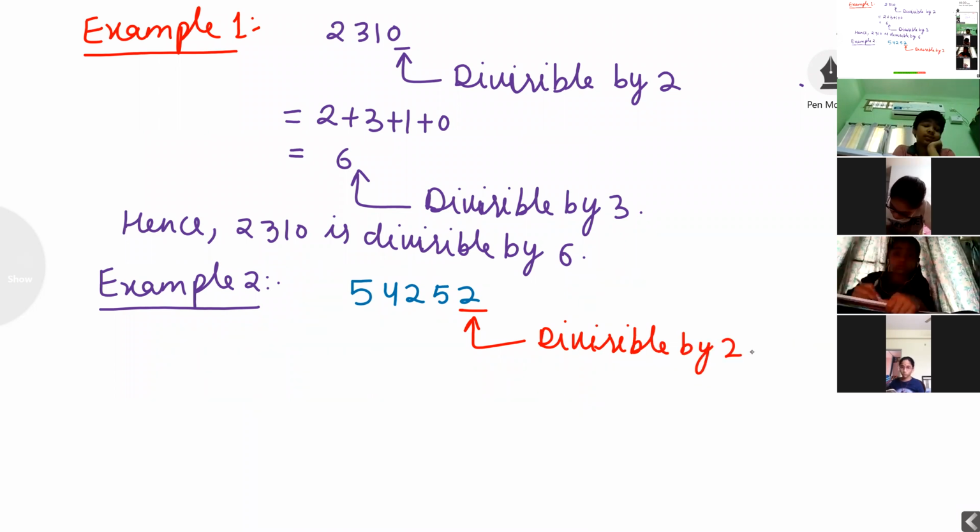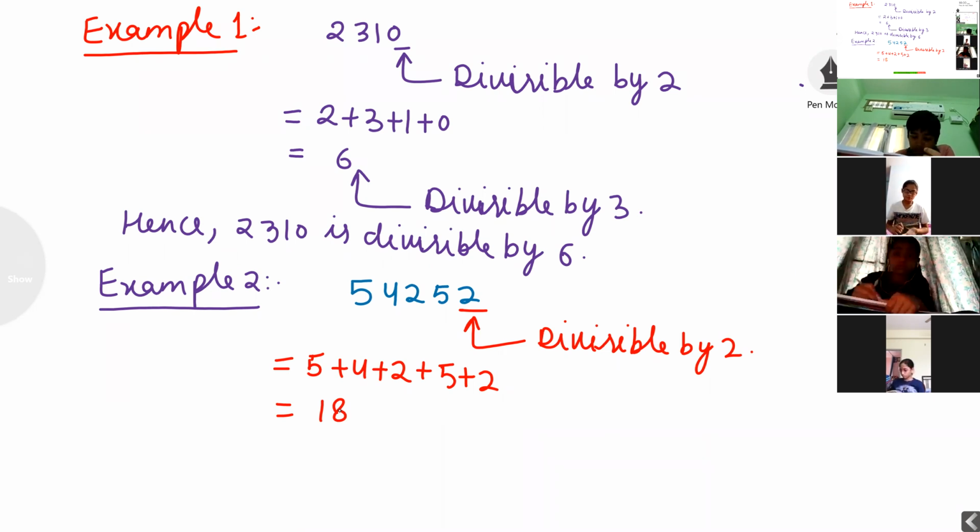Now I want to check whether this number is divisible by 3 or not. How to check? Sum of all digits: 5 plus 4 plus 2 plus 5 plus 2. 5 plus 4 is 9, 9 plus 2 is 11, 11 plus 5 is 16, 16 plus 2 is 18. 18 comes in the 3 table. 3 sixes are 18.